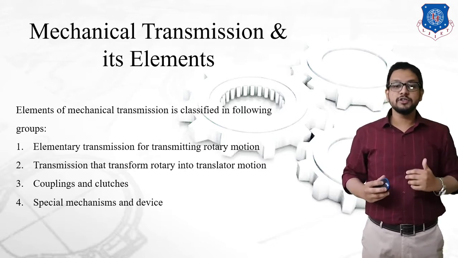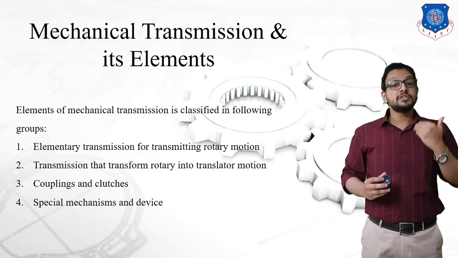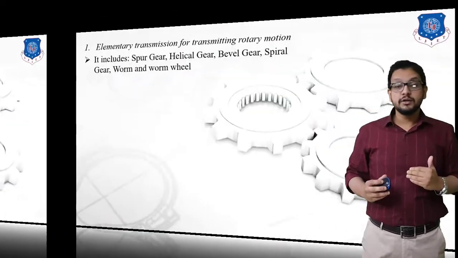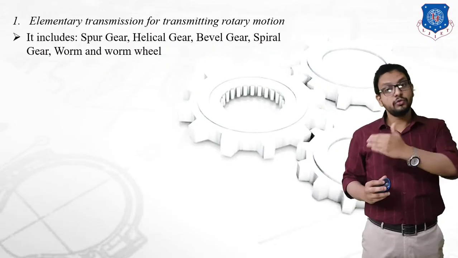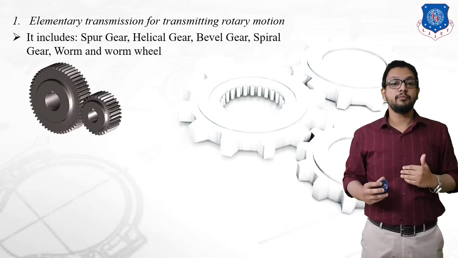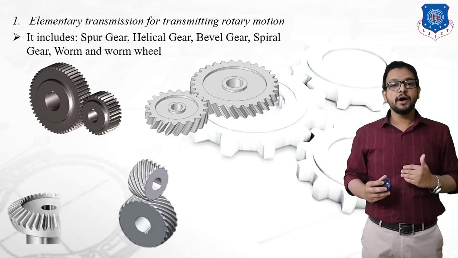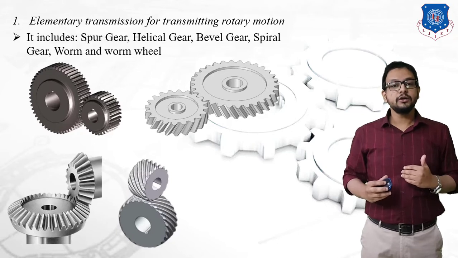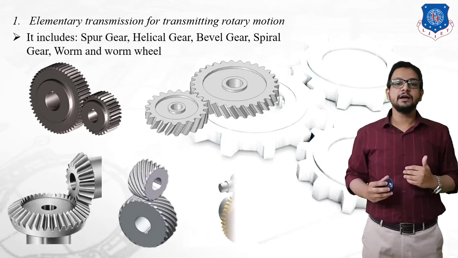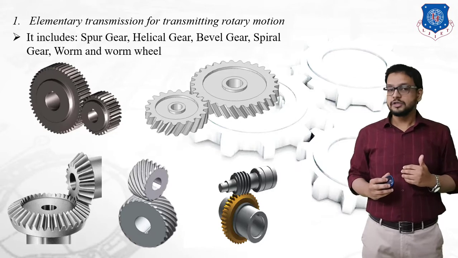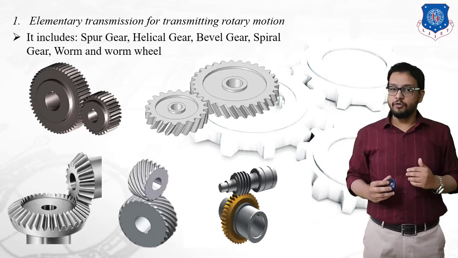Now let us start with our first type, that is, we are going to see the mechanism which is going to transmit rotary motion into rotary motion of the operating member. Okay, so as you can see, the list is provided on your screen. It includes spur gear, helical gear, bevel gear, spiral gear, worm and worm wheel.